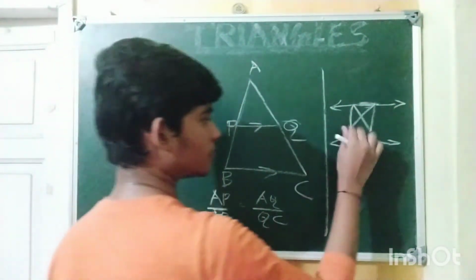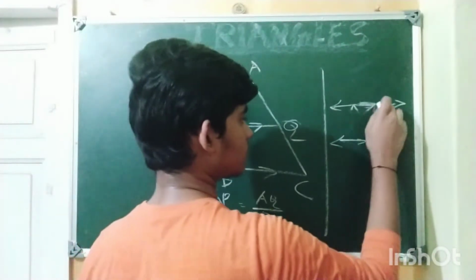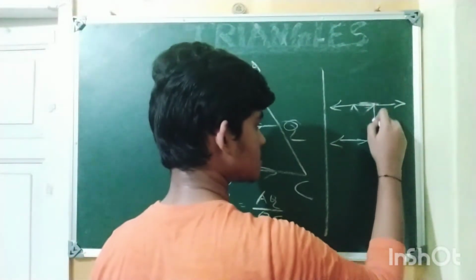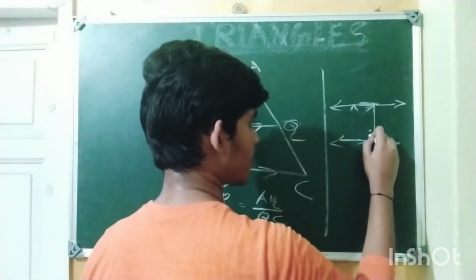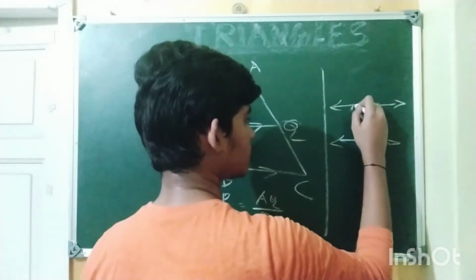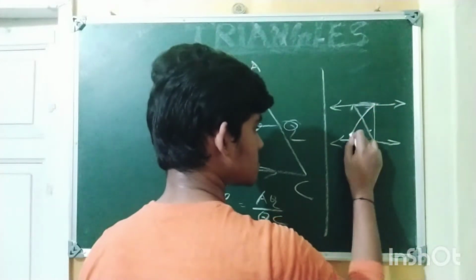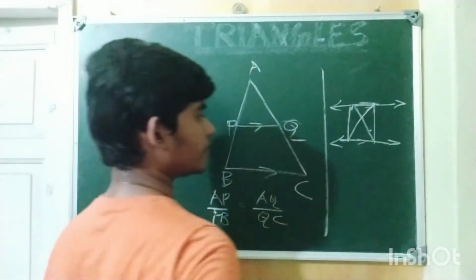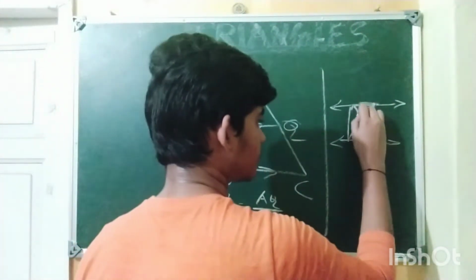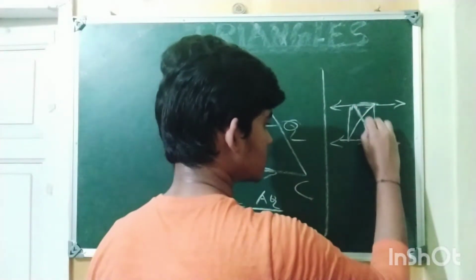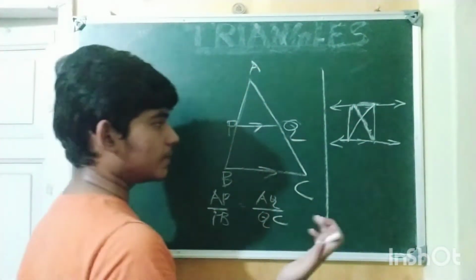So if a triangle is drawn like this, it basically follows the theorem.